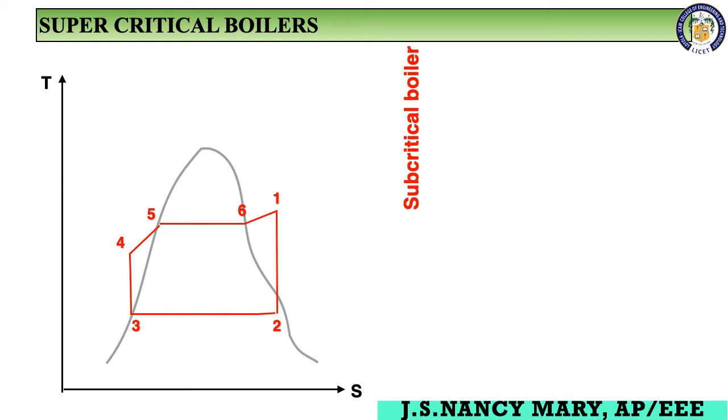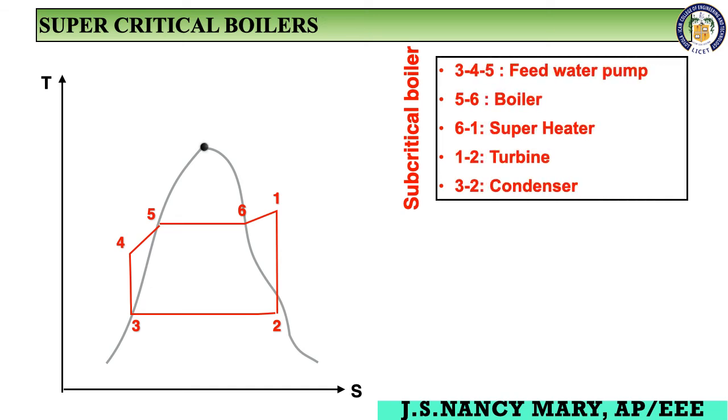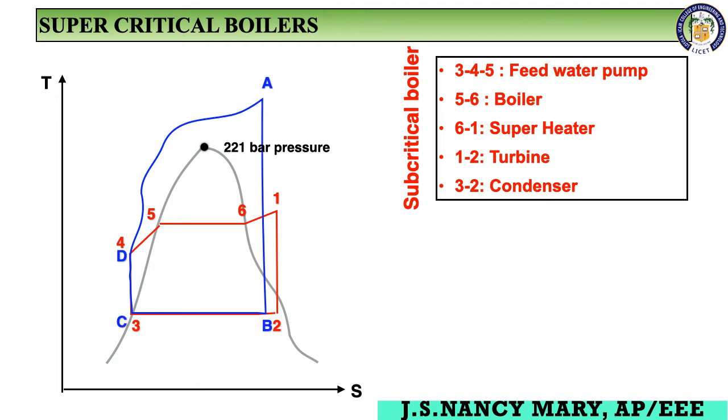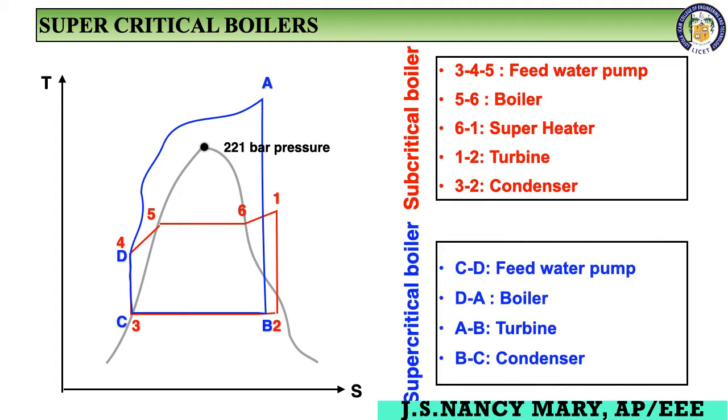From 3, 4, 5 it is the pump action, 5 to 6 the boiler, 6 to 1 the heater, reheater maybe, 1 to 2 the turbine, and 3 to 2 the condenser. In the supercritical boiler, from 2 it doesn't have any saturation point, and you have only four stages. The four stages will be feed water, boiler, turbine and pump. The heater stage is removed here.